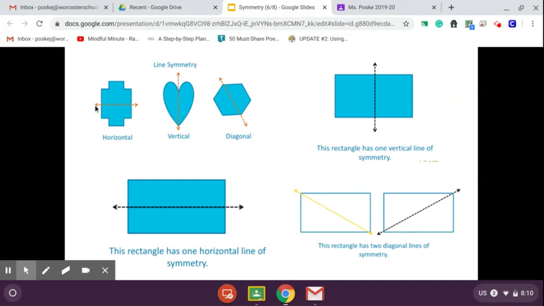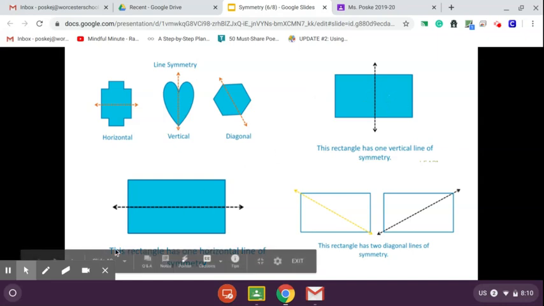Just to review, we have horizontal lines of symmetry, vertical lines of symmetry, and diagonal lines of symmetry. We learned that yesterday. Horizontal is from side to side, vertical is up and down, and diagonal looks like this. So this rectangle has one vertical line of symmetry. It goes up and down, and then when you fold it over, both sides are the same. It's that mirror image.